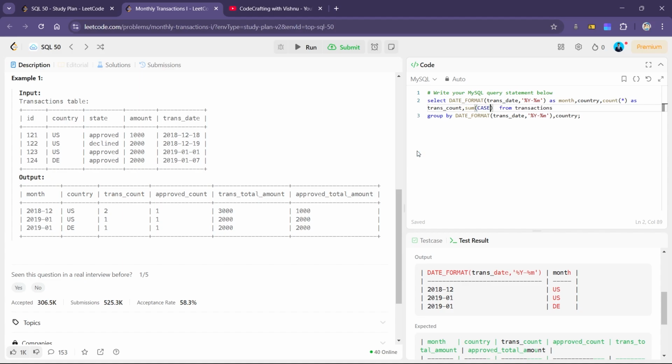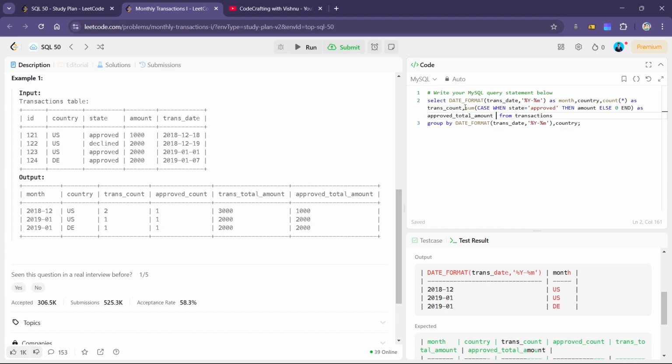So case when the state is approved, then take the amount, else we'll take 0. And we have to end this case statement, and we select this as approved total amount.